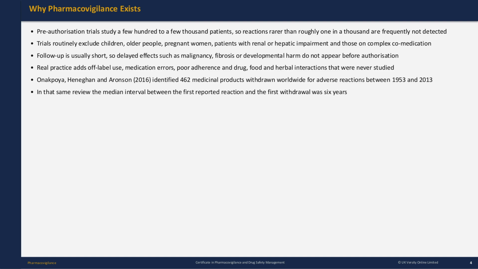Follow-up is usually short, so delayed effects such as malignancy, fibrosis, or developmental harm do not appear before authorization. Real practice adds off-label use, medication errors, poor adherence, and drug, food, and herbal interactions that were never studied.